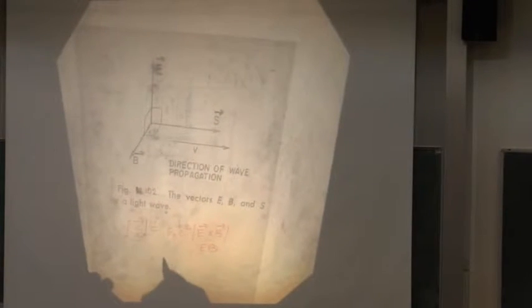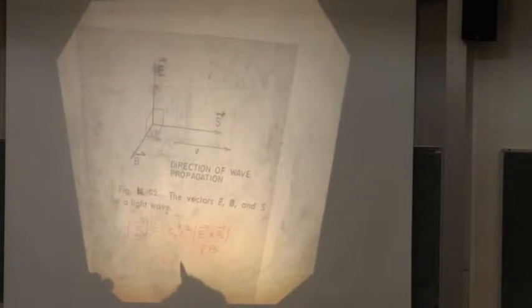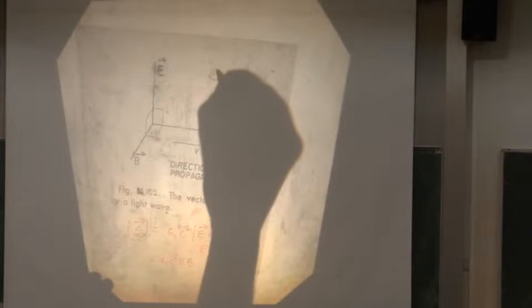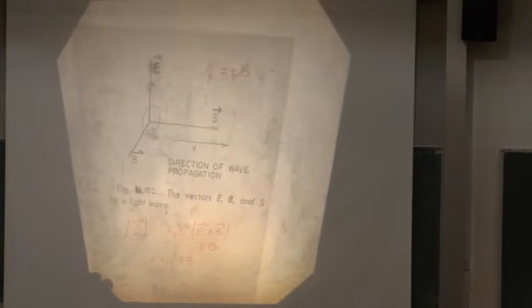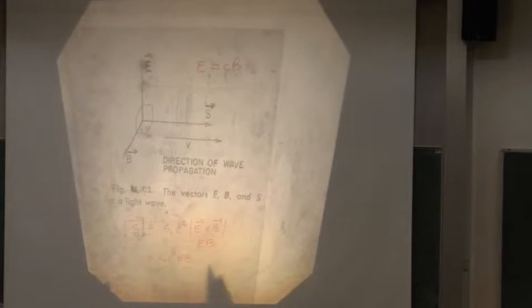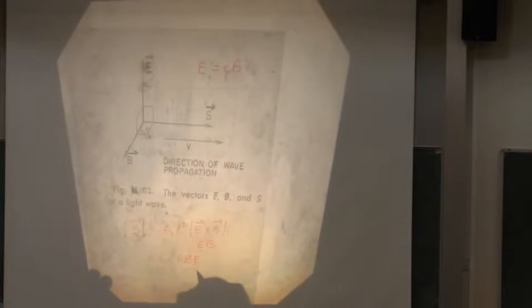It's more usual to use the fact that for the light wave, as we've already proved, the magnitude of the electric field is C times B, and the usual thing is to eliminate the B here, writing B as E over C. Then I've got a cancellation between the C squared and the C, and I get epsilon naught C E squared.